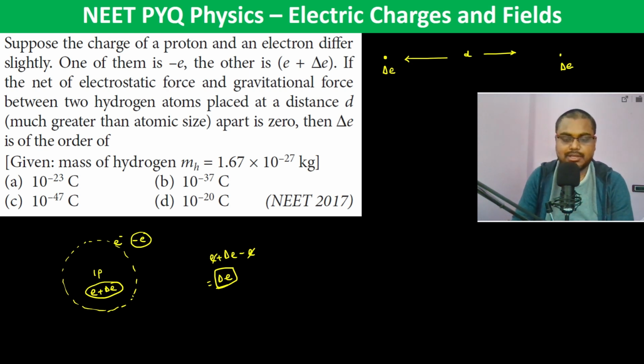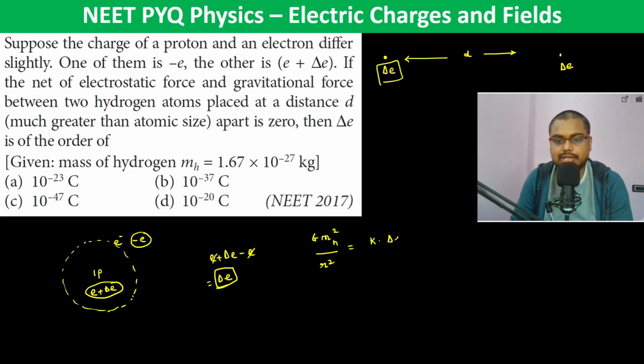Therefore I can write that G into m, mass of hydrogen, square divided by r square should be equal to k into q square, where the net charge is delta E, so delta E whole square divided by r square. The r square is gone.